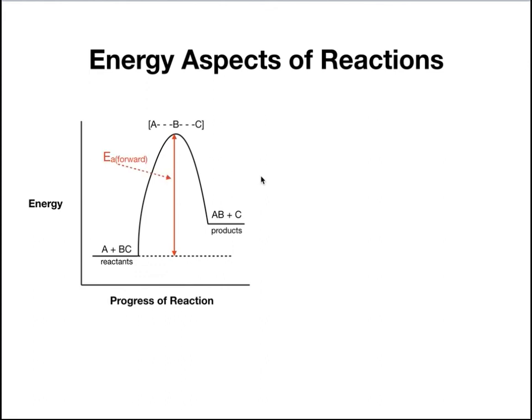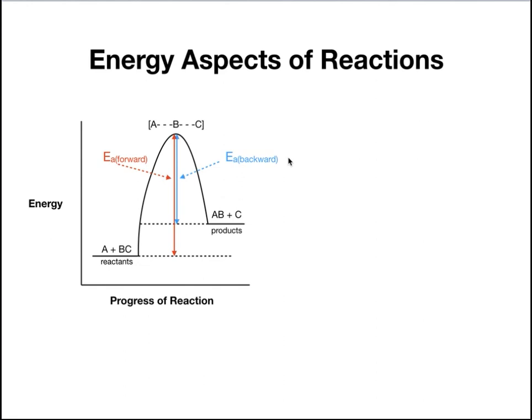That's going to be the activation energy of the forward reaction, okay? So here it takes much more energy to get to the top of the hill going in the forward direction than it does going in the backward direction. Okay, so the amount of energy that it takes to get from products to the top of the energy barrier, okay, that's going to be the activation energy for the backward reaction.